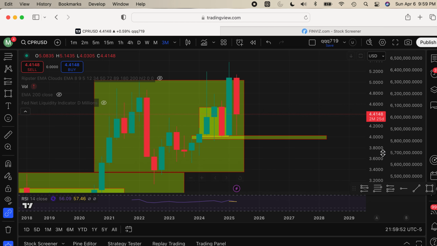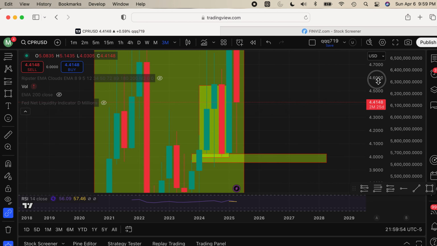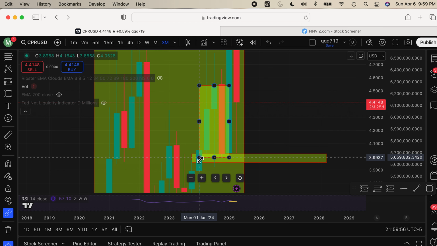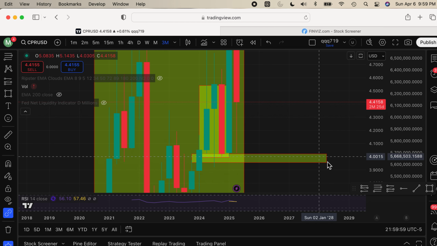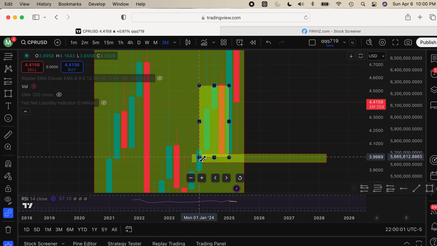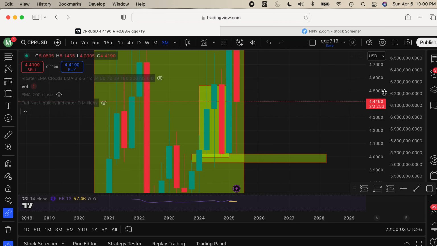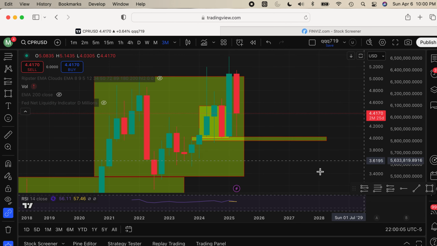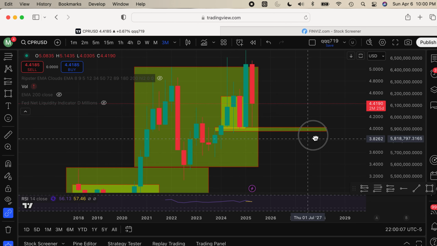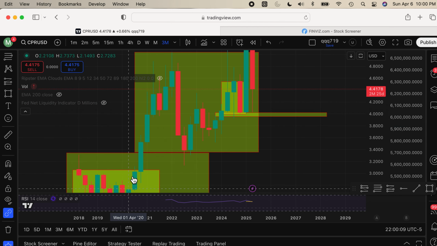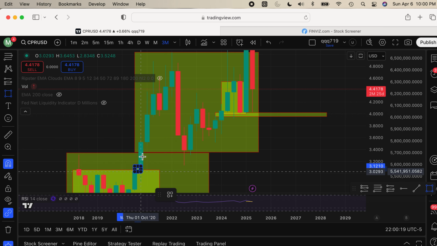This one's tricky because if this area does not hold, if this fair value gap does not hold again, then there is no unfair value until we get down to here. Let me get my magnet out. 312.